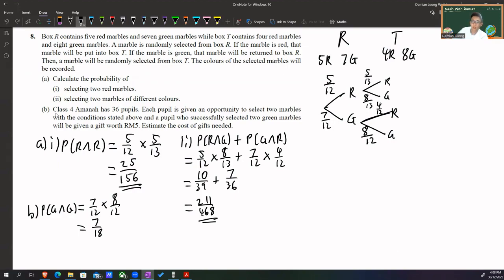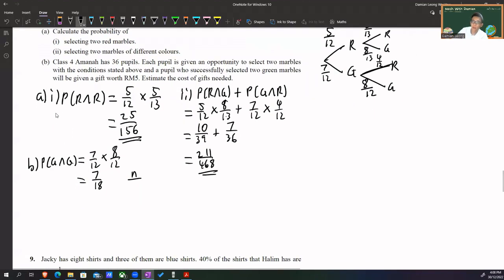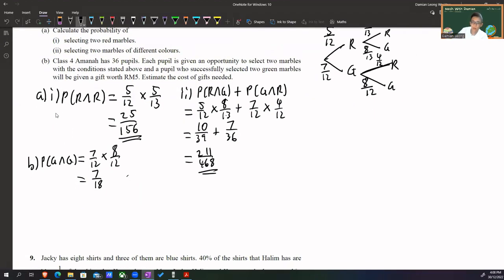And basically, the number of pupils who successfully get 2 green marbles over the total number of pupils should be same as the probability of getting 2 green marbles, 7 over 18.